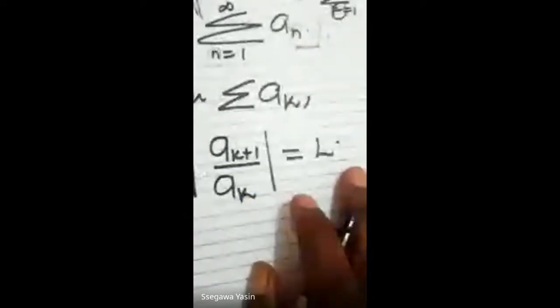Given this series, by the ratio test, we take the absolute value of the limit, as k goes to positive infinity, of a_(k+1) over a_k, and this should go to L. Then we have to make conclusions.